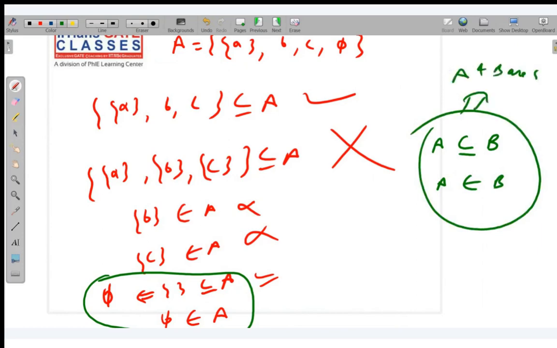Now, is it possible that A is a subset of B and A belongs to B also? Is the same thing possible or not? Theoretically, you will say A belongs to B means {A} is a subset of B. So can we assume that B is actually a universal set? No problem, you can assume that. So A is a subset of B and A belongs to B.